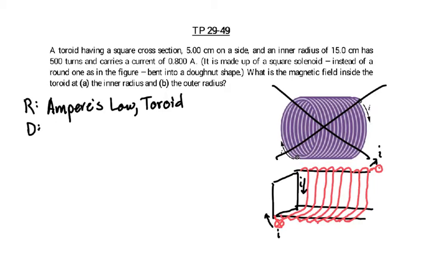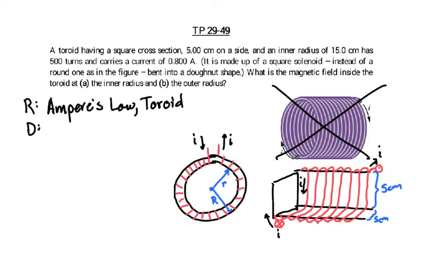Now, what we have shown here is essentially a solenoid. It's not a toroid until we take our square cross-section and bend it around into a circle, creating a donut shape, just like it says in the problem. So let's see what that looks like. Now I have a toroid here next to our square.